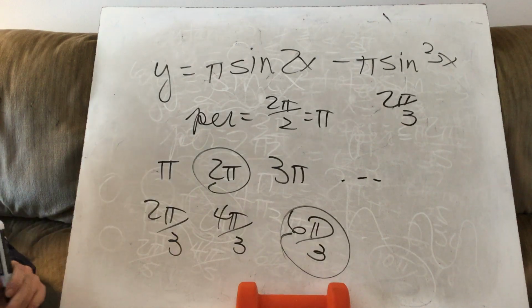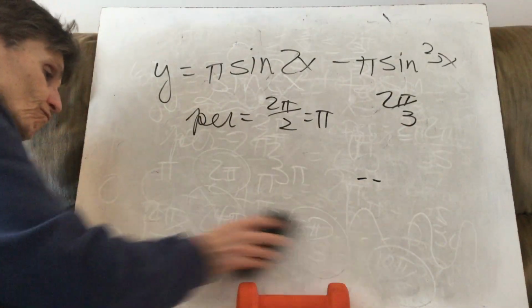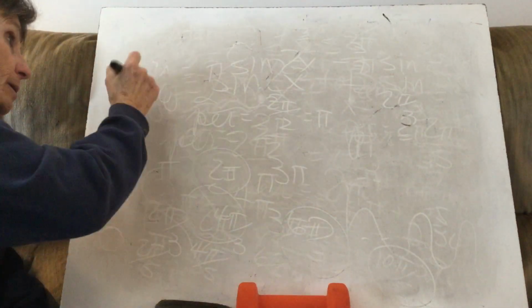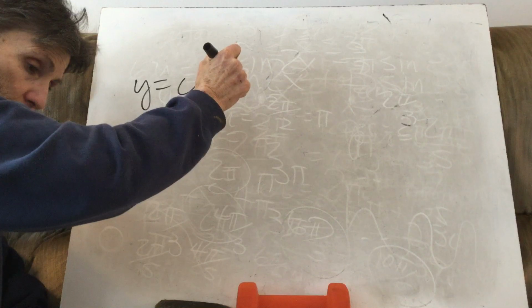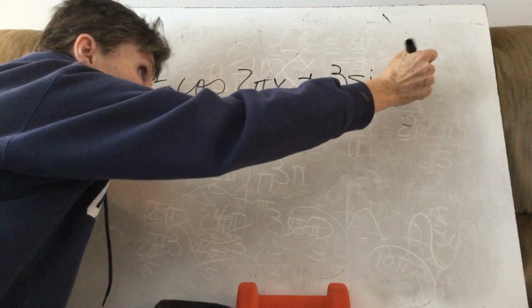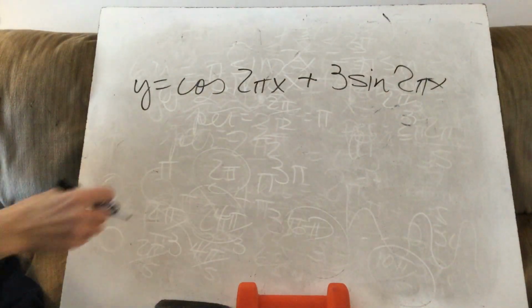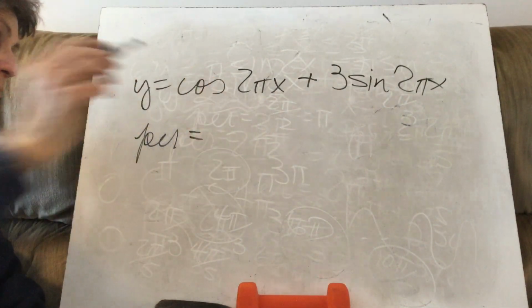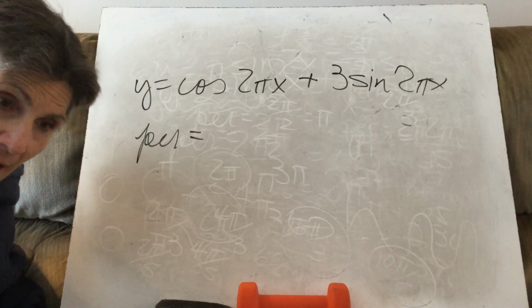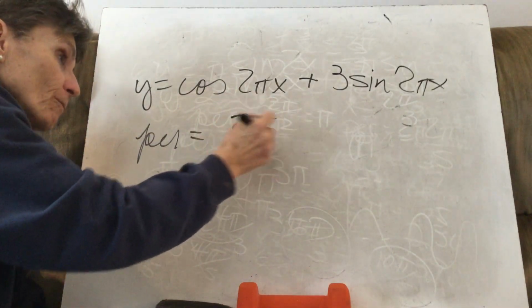Now, what about E? What's the period of this first one? One. Yes! Thank you. 2 pi over 2 pi.